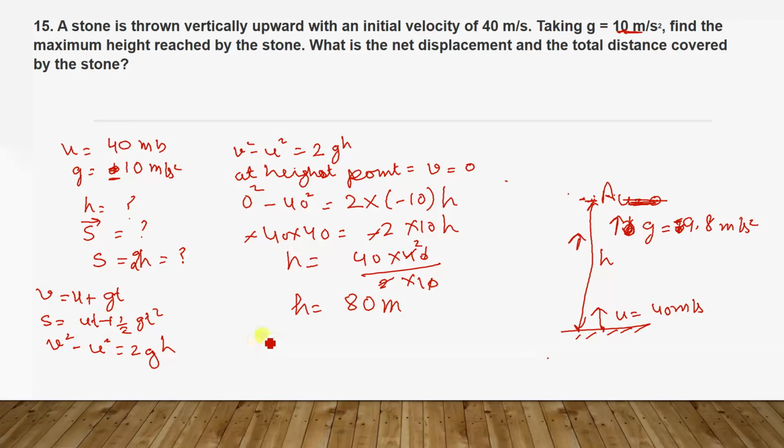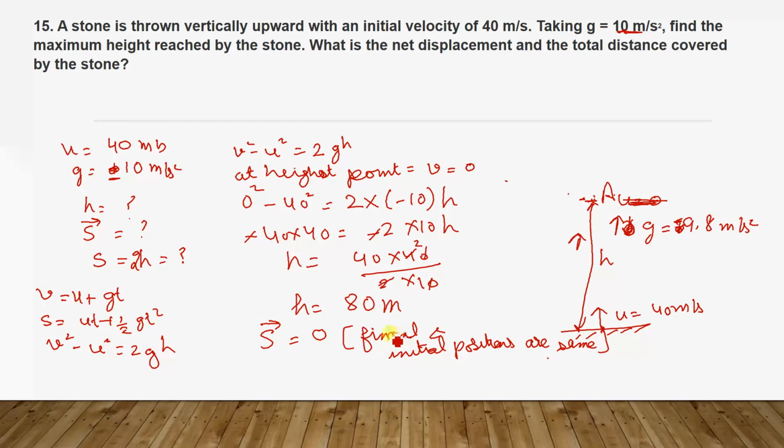So net displacement. Displacement is equal to 0. Why? Because the final and initial positions are the same. The stone again reaches back.